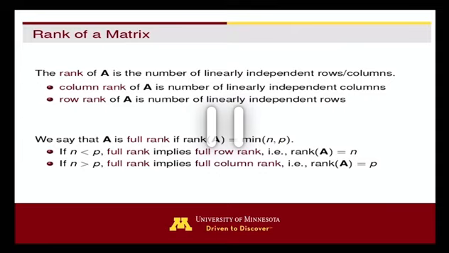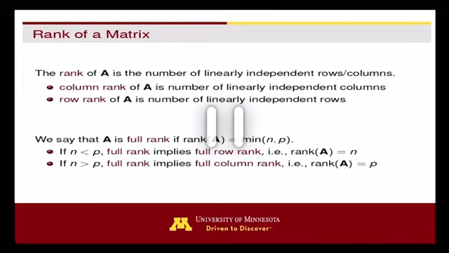Now, if you take a look at this, we say A is full rank if rank A equals the minimum of n comma p. What is n? What is p? n is probably the number of observations, and p the number of features. You have n arranged in rows, and you have p arranged in columns. So the rank of the matrix is going to be the minimum of that. What does that mean?